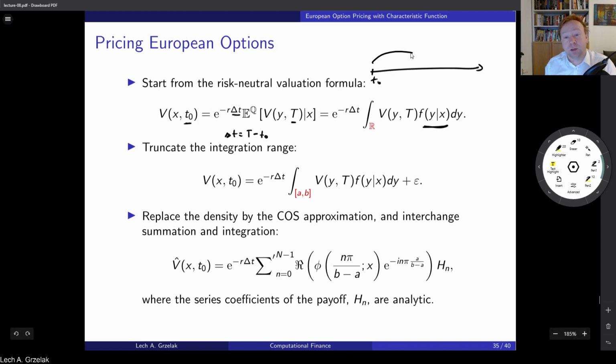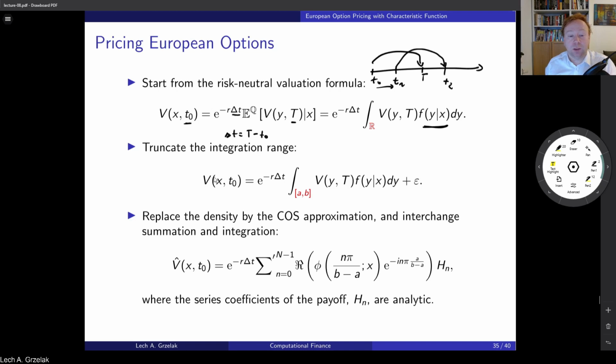Then we can consider a step to maturity time T. However, if we are interested in a transition density from t1 to t2, then obviously the initial point is not known. It will be known once we get to this point. So at this point the initial value is given in terms of a distribution of a random variable. For that matter, the formulation of the COS method is slightly more involved, but I'll provide details on that later. So this is essentially the definition.